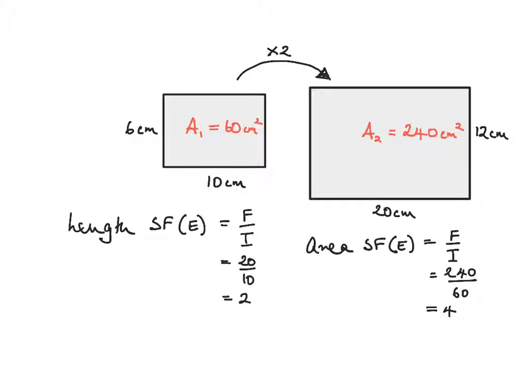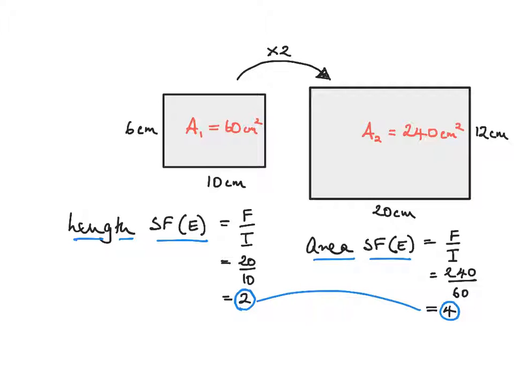Now, why have I done this? Well, what I want to do is to find a connection between the length scale factor and the area scale factor. The length scale factor has a value of 2, the area scale factor has a value of 4.